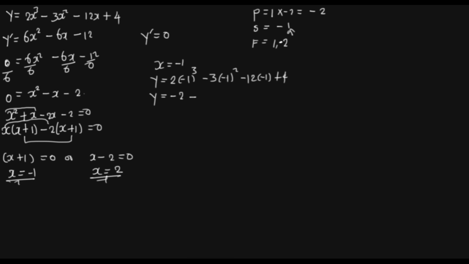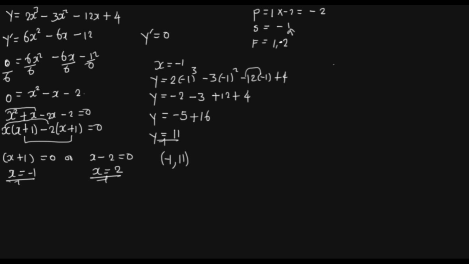Here negative 1 squared is positive 1 times negative 3, negative 3. Negative times negative, here we have positive 12, plus 4. So negative 2, negative 3, we get negative 5. 12 plus 4 is 16. So 16 minus 5, y is 11. So the first pair is negative 1, comma 11.